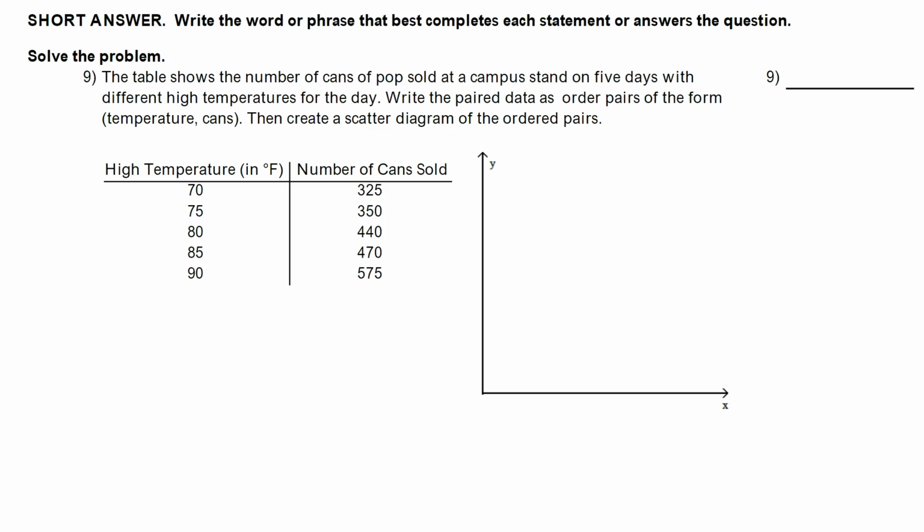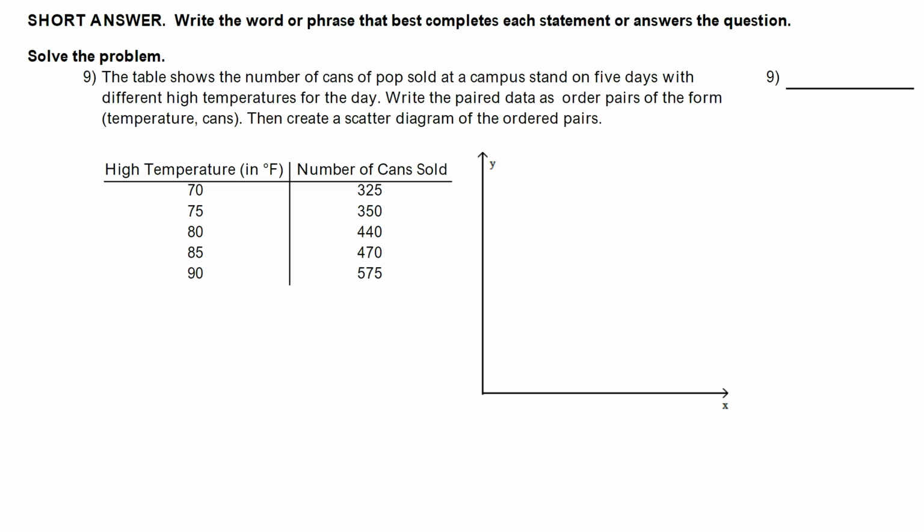Let's go back to my red color here. So we read this over. It's a number of soda pop cans sold on campus here. Different temperature days, and they want us to make a scatter diagram of this. Now, we didn't do this type of thing, but it's a good little mathematical exercise.